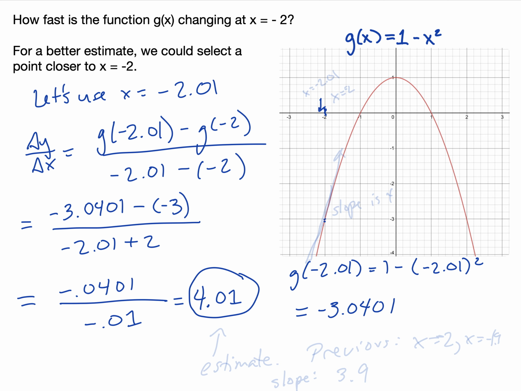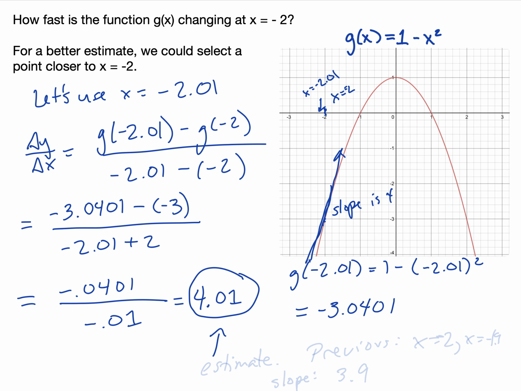The slope of this line is approximately 4, and that's the slope of the line between these 2 points. X equals -2, and x is -2.01. So the slope between those 2 points of the function.